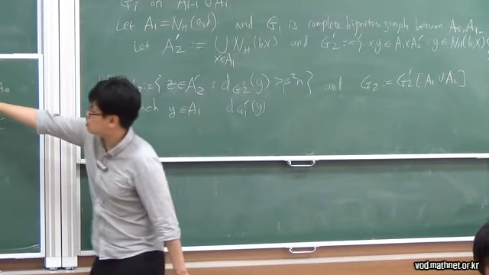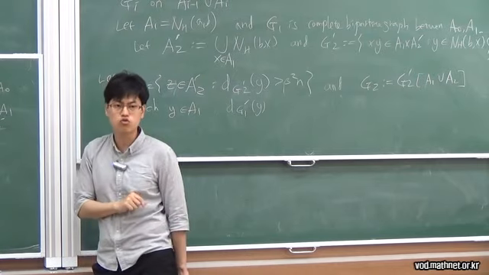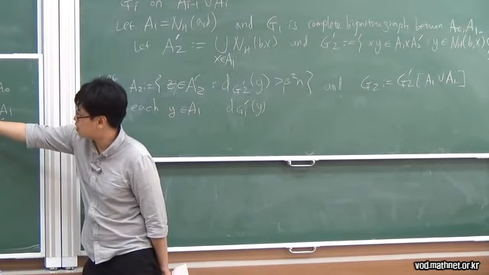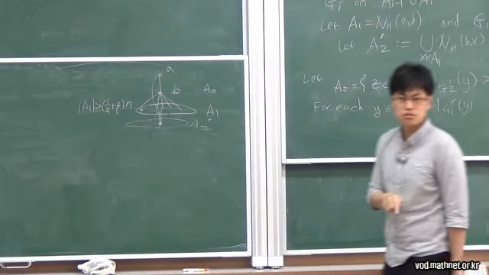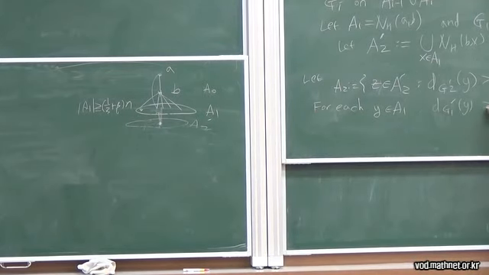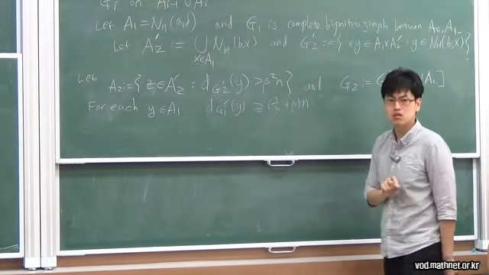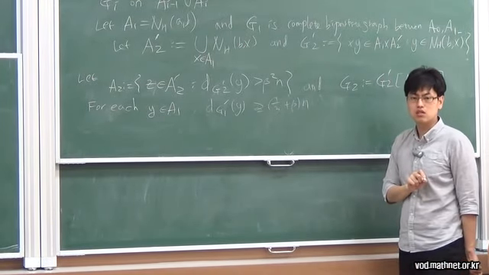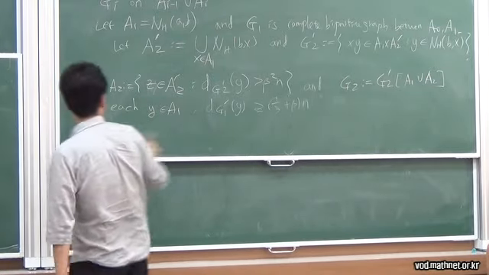So we know that this has degree at least 2/3 plus beta, and this has degree at least 2/3 plus beta. So this vertex sends at least 1/3 plus beta neighbors. Right? So all of the vertices have degree this much.